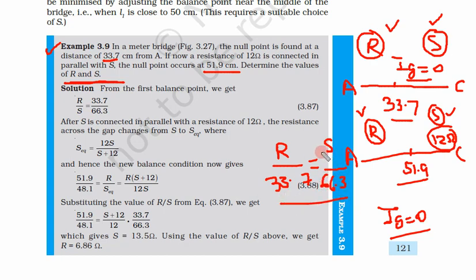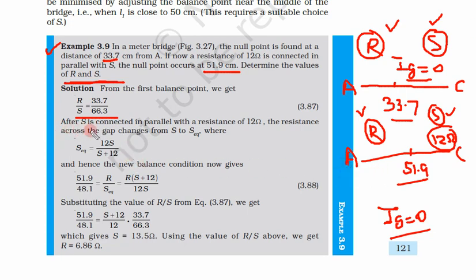So R upon S, taking S this side, 33.7 this side, we get R upon S is equal to 33.7 upon 66.3. This is our first equation.